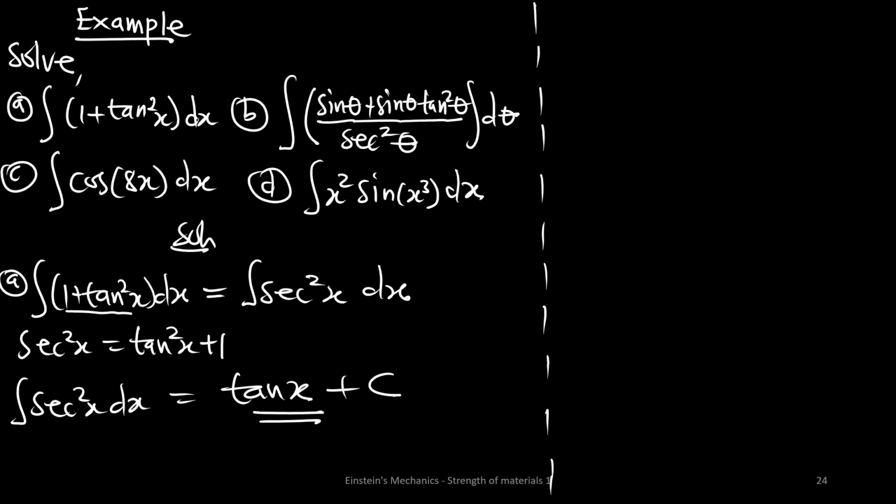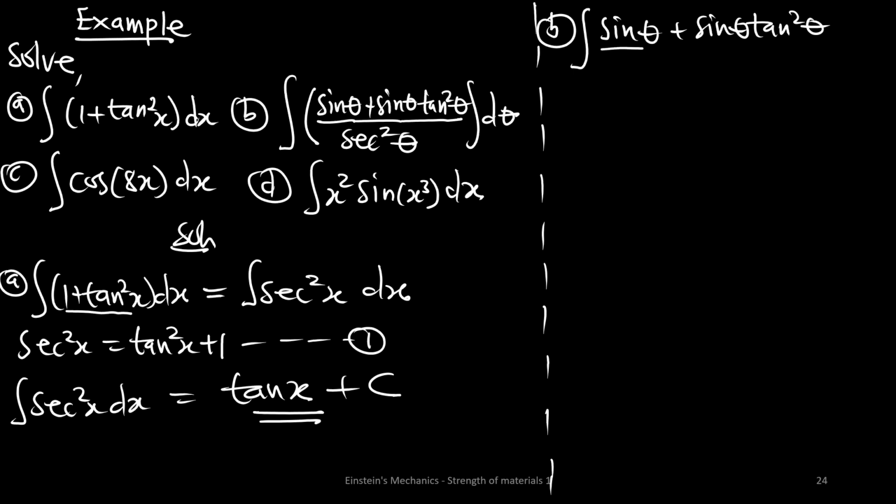So you always have to know your identities such that when you have an expression, you can quickly put that inside. Are we good? Now let's look at the B part. It looks scary, but it is not. So now we have the expression sine theta plus sine theta tan square theta, everything over sec square theta d theta.